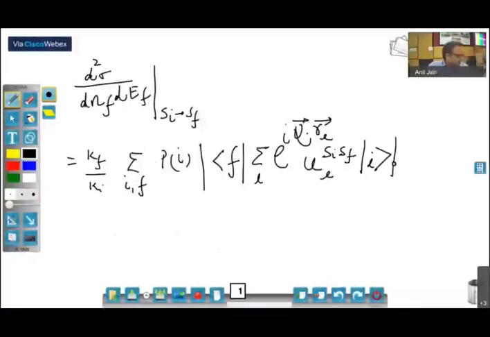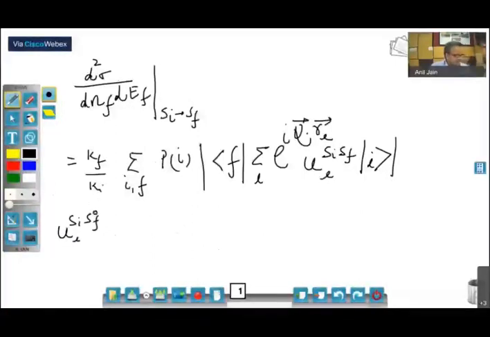So this is the differential scattering cross section, and what we have here is u l, Si Sf.